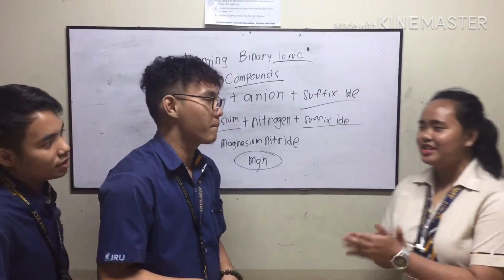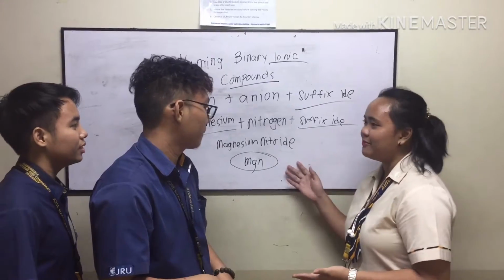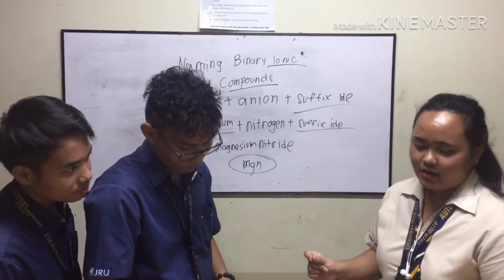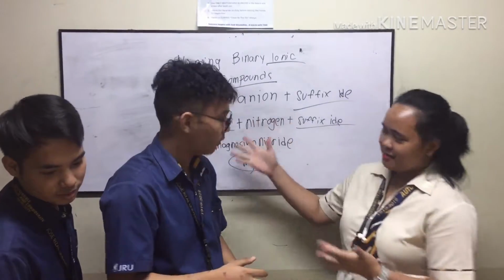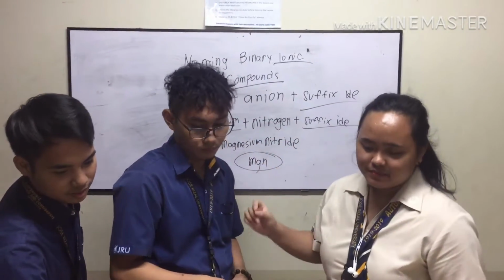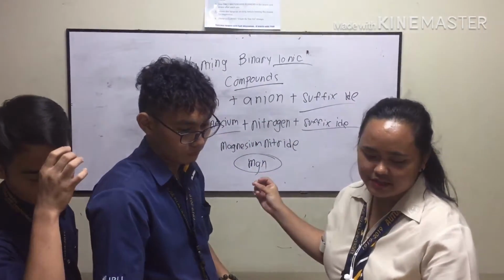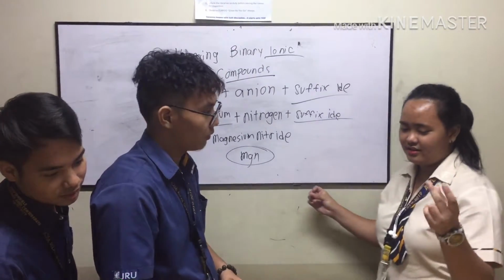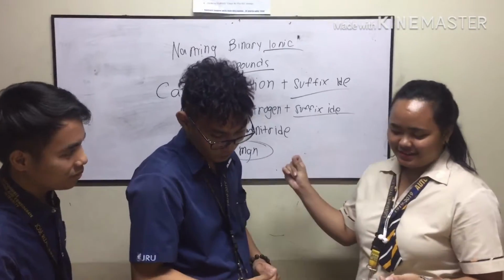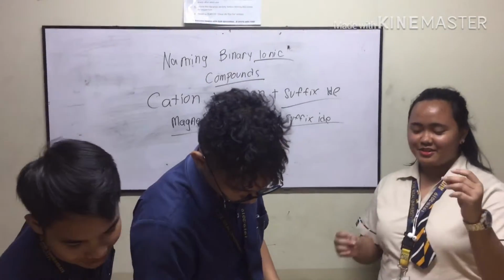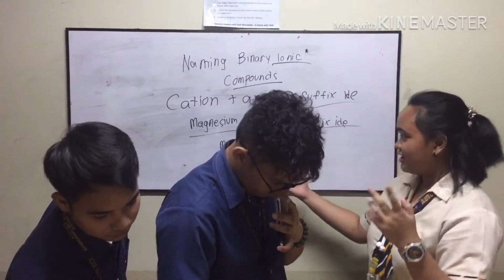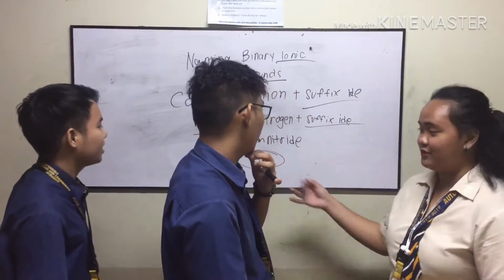So how do we get the formula for this? We should get the oxidation number of the first element, then the oxidation number of the two elements that we sampled.